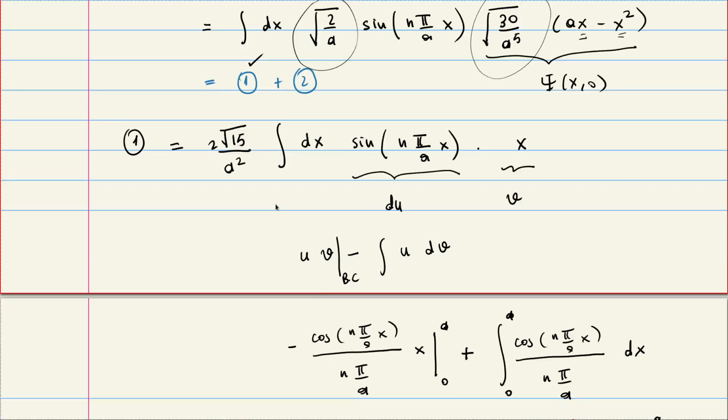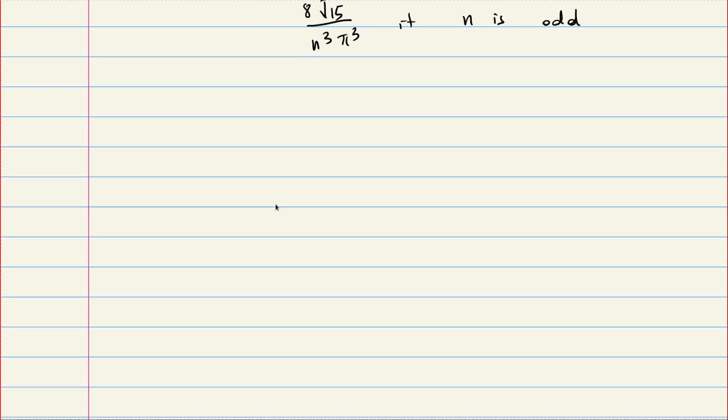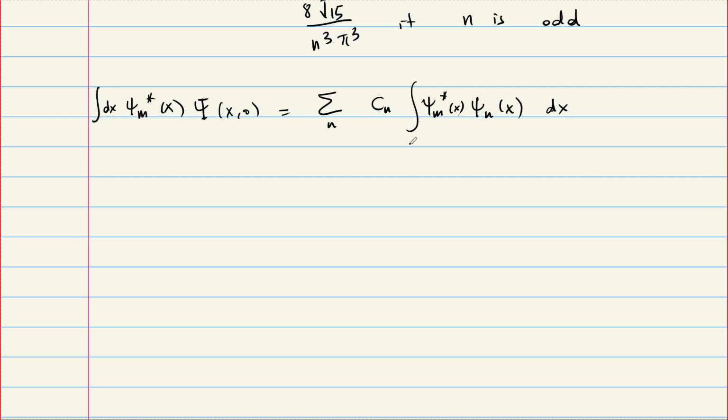Do you want me to do this? Let's do this. It's real quick. So what we expect is that any function psi, you can also use it for f, psi of x comma 0, should be written as an expansion in terms of some coefficient Cn and psi n of x. And what we say is, let's multiply both sides with psi m star of x. And now we integrate. So this is dx and this is also dx. And now this is our celebrated Kronecker delta, delta nm.